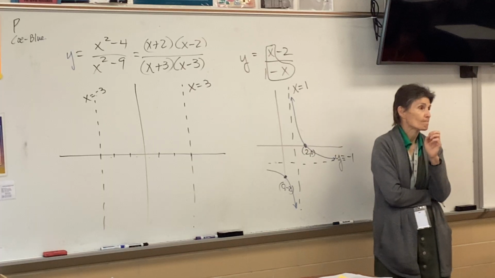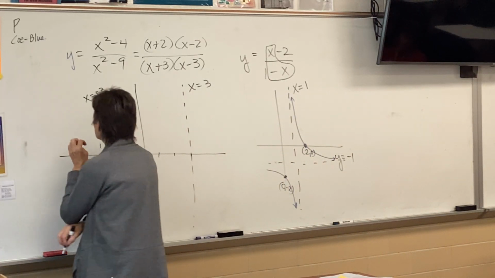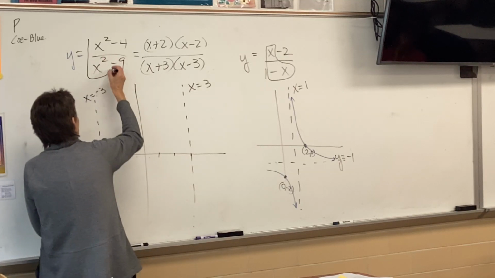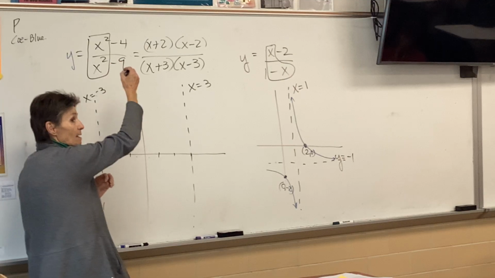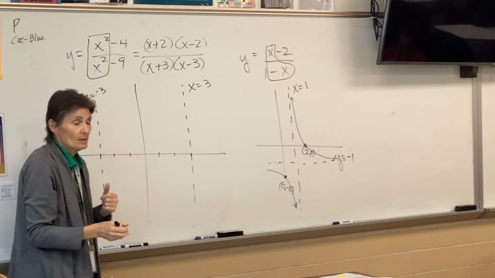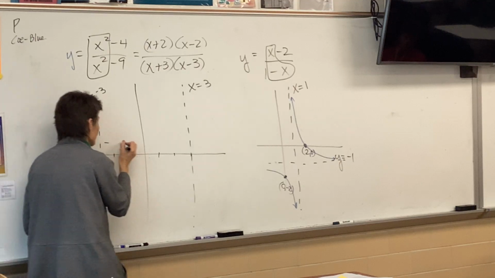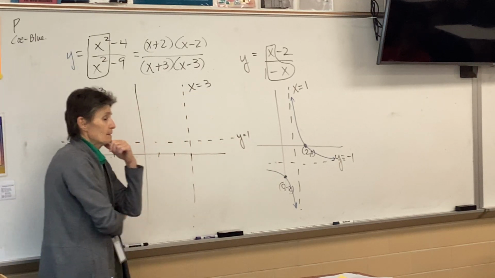Horizontal asymptote. And where does it come from? Boxing in right here, right? This time it's x squared over x squared, but that doesn't matter. It's still 1. Perfect.